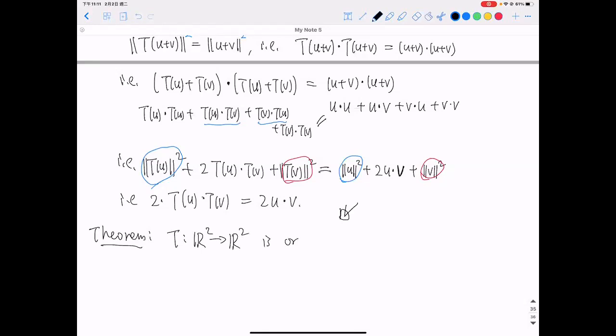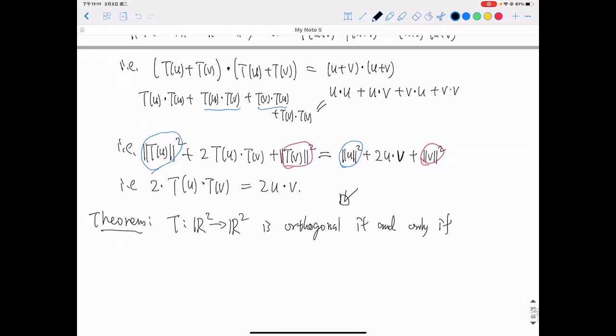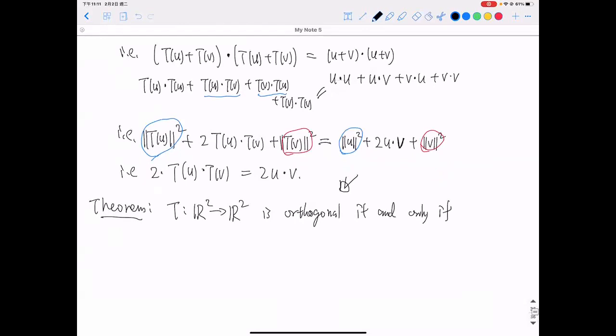T is orthogonal if and only if, first, T of e1 has length equal to 1, as well as T of e2. And second, T of e1 dot T of e2 should be 0.